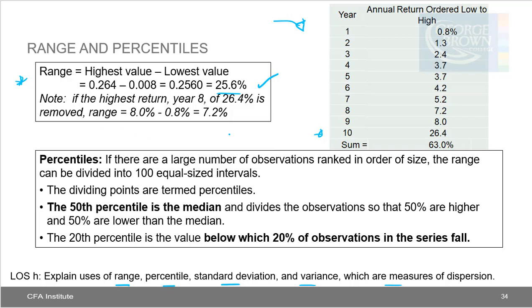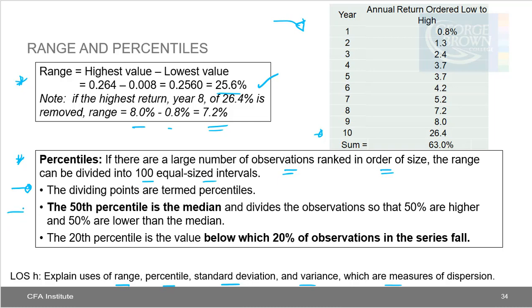25.6%. Now again, if you wanted to omit the highest return, because you thought that was some kind of an outlier, then the range would be 8% minus 0.8%, and that would be 7.2%, which is quite different, okay? So moving on now to percentiles, if there is a large number of observations ranked in order of size, the range can be divided into 100 equal-sized intervals, and the dividing points are termed percentiles, okay?